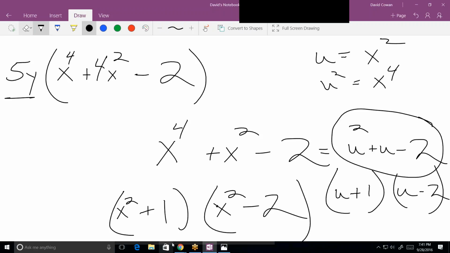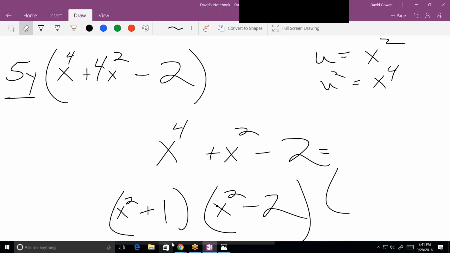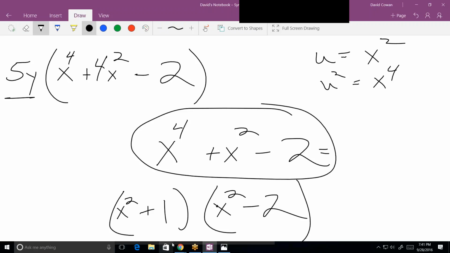And notice that when I erase all this garbage here, if I multiply x squared plus 1 times x squared minus 2, I get that. In other words, I factored it.